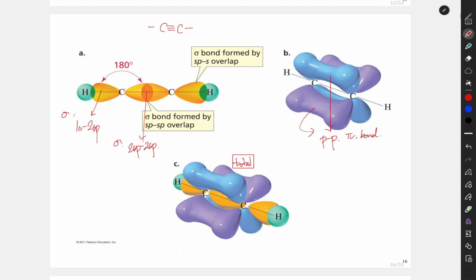Blue and purple correspond to the pi bond between the p orbitals from each carbon. So we're going to have one sigma and two pi bonds, and this will give you the triple bond that exists within the acetylene molecule.